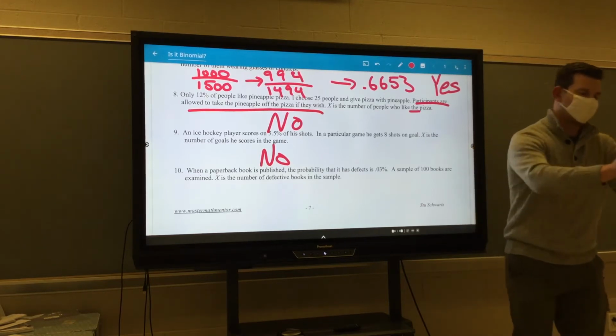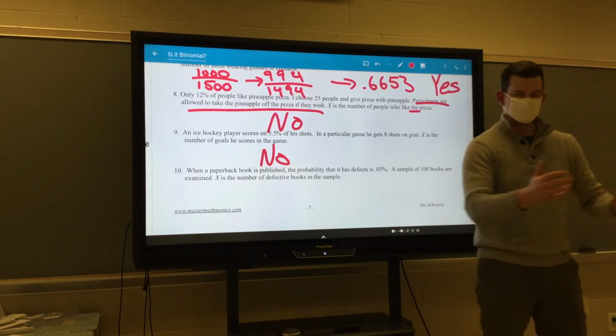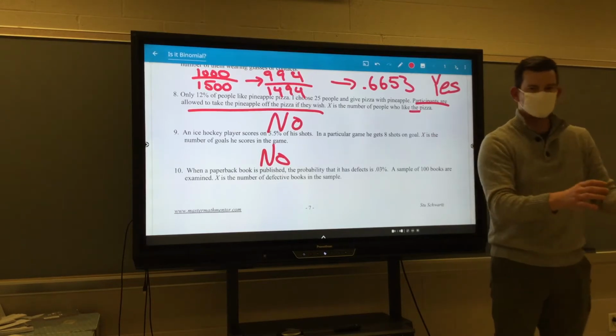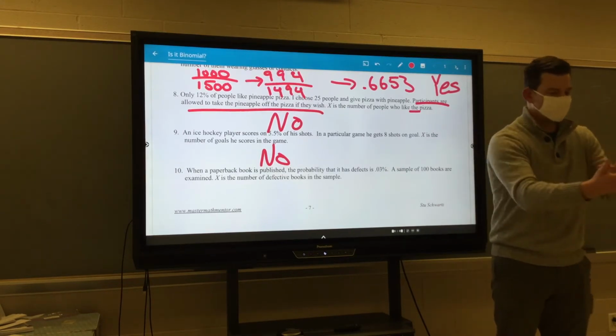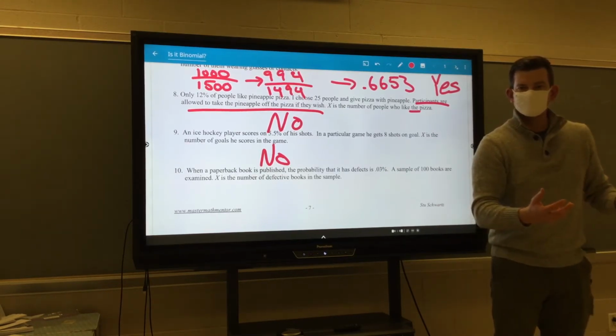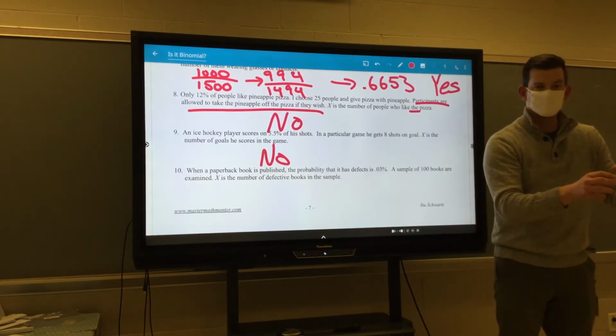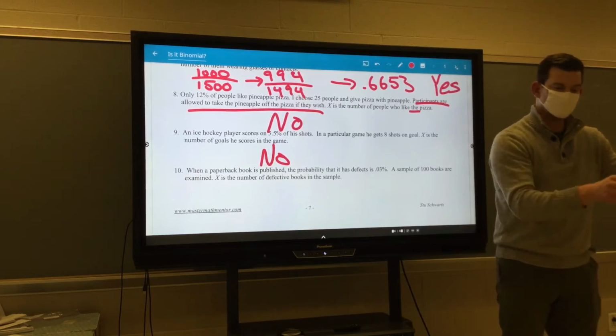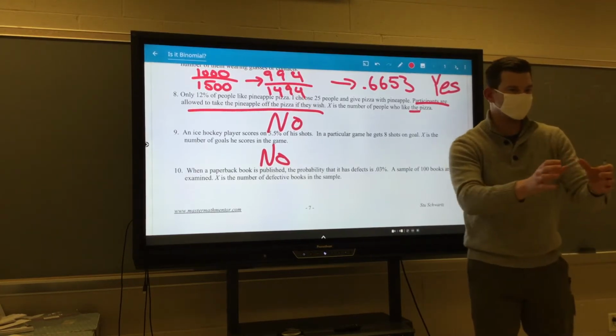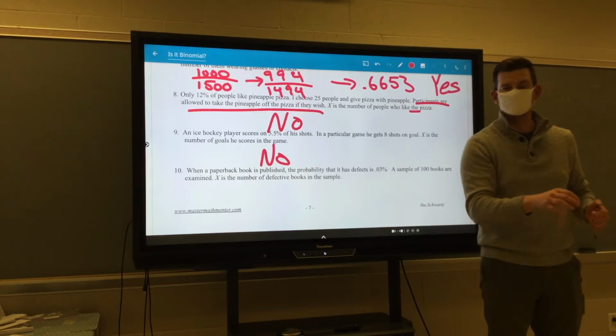Something got off track as they were coming through the assembly line and maybe things were misprinted, or the binding wasn't just right. But when a defect happens, it's probably not just a one-time occurrence. It's probably happening over and over and over again on that assembly line until that problem is fixed.